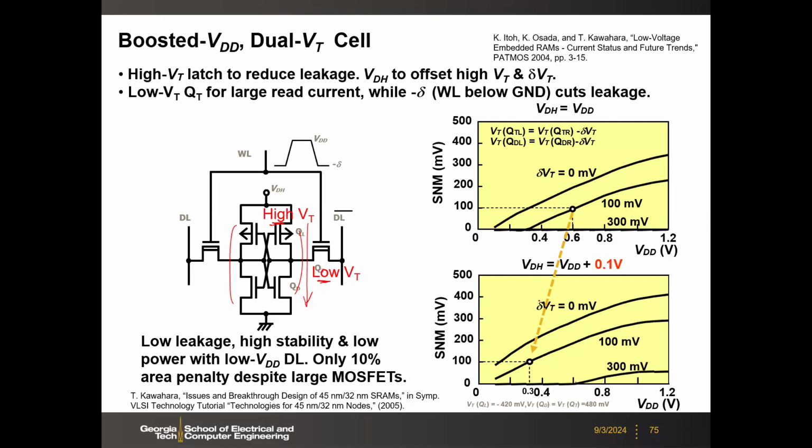Because SRAM design is optimized by the foundry already. Foundry will optimize the SRAM cell for you, and you just use memory compiler and, let's say, design an array of the SRAM cache directly with high level description.